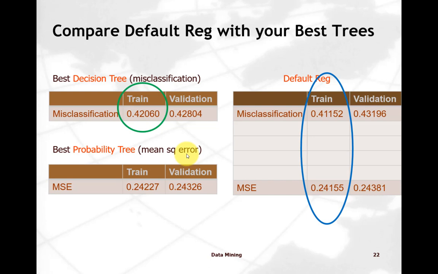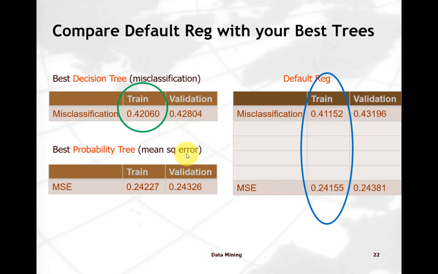Let me see how to answer that best. First, the train performance of regression is not always better than the train of trees. Not always. And it goes the other way: the validation of trees is not always better than the validation performance of regression.